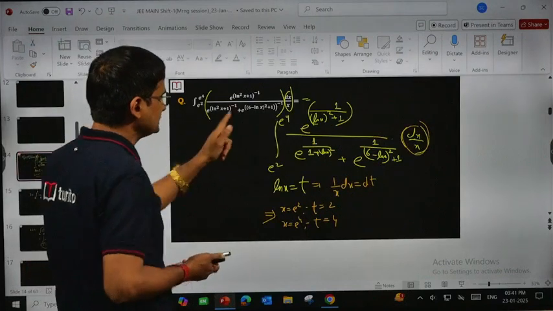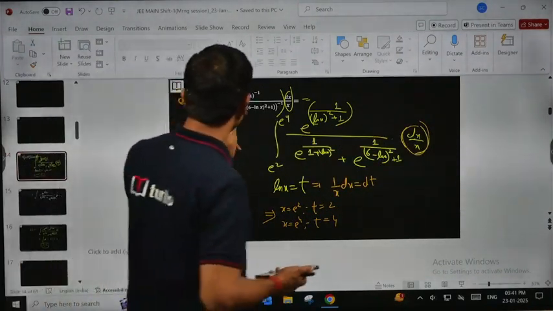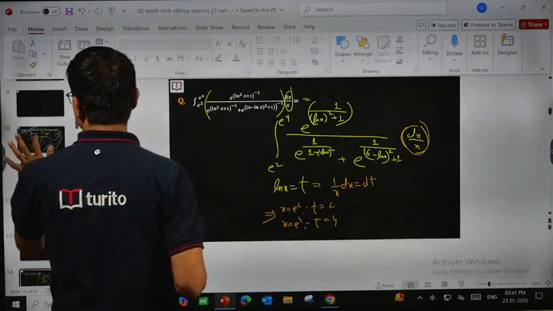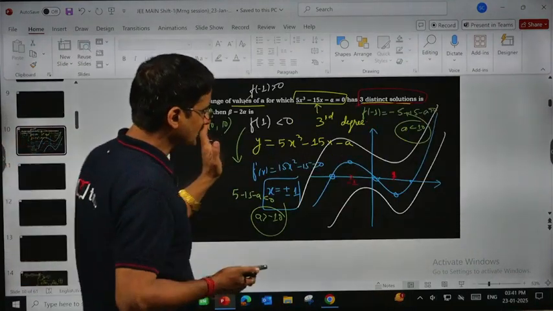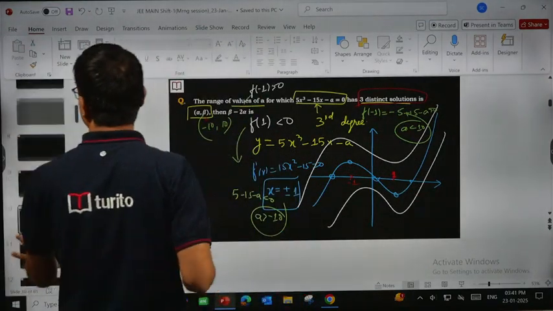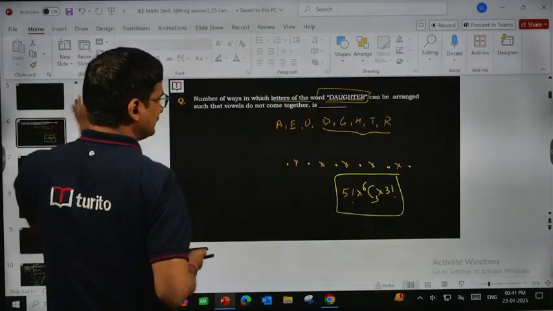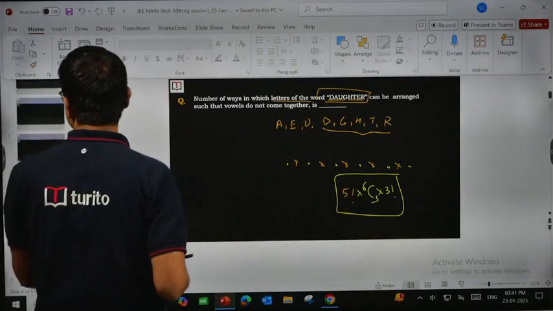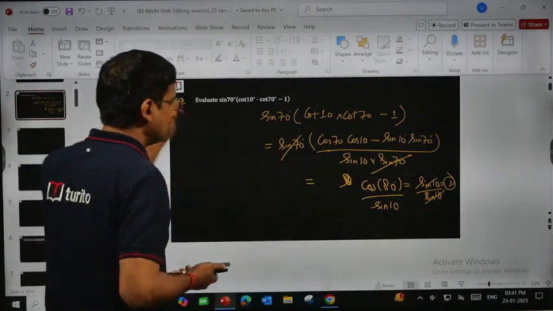This I will definitely say is a better question in this shift. The integration question was a bit better one. This one is also a good one, on the application of derivatives and the curve of a cubic polynomial. These are really simple direct questions of P and C, and that was again a really simple one.